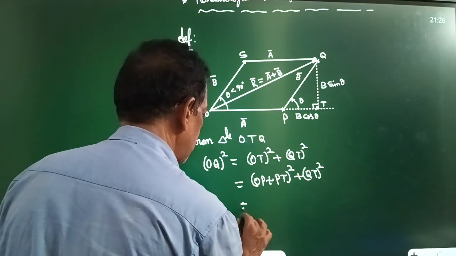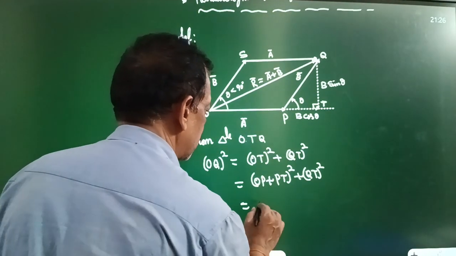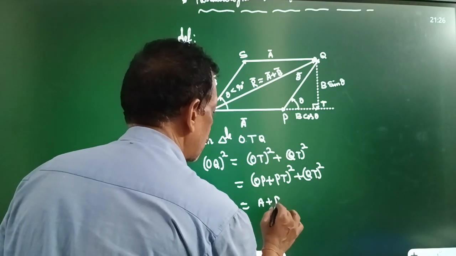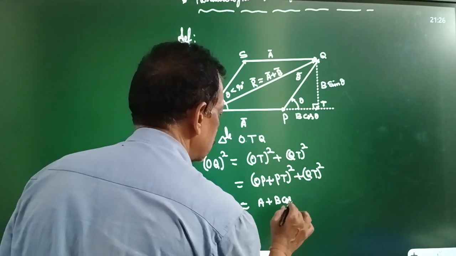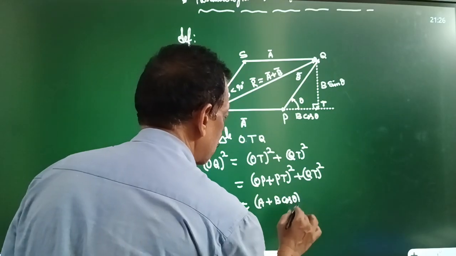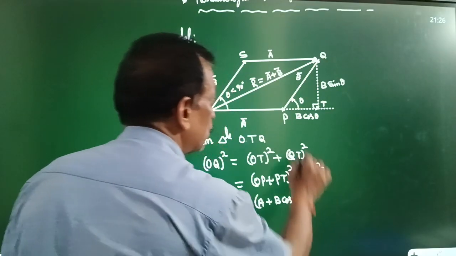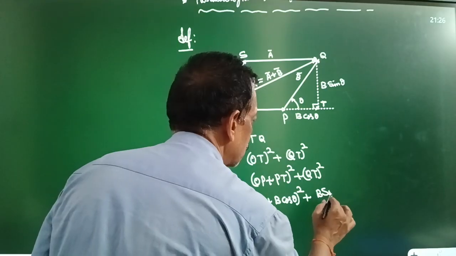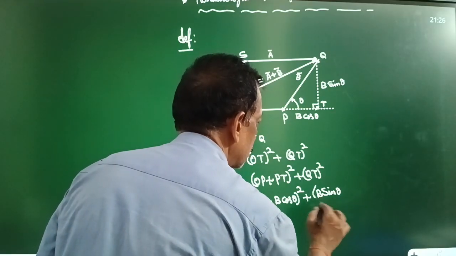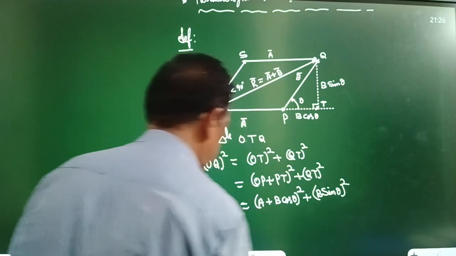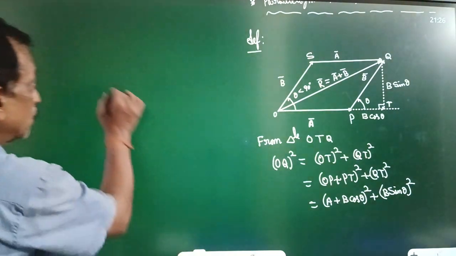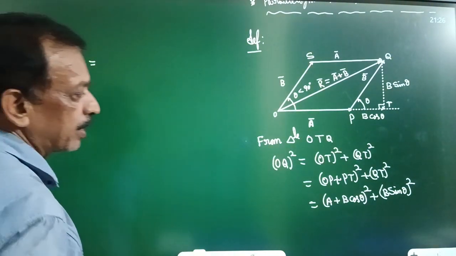Now what is the OP? OP is the magnitude of A plus B cos theta, whole square. This QT is B sin theta, whole square. We expand this one. So what are we going to get?